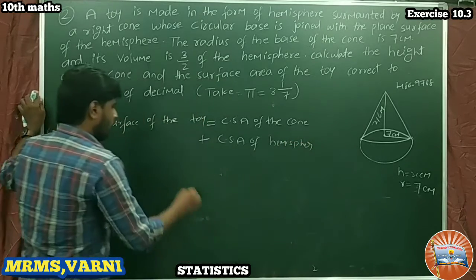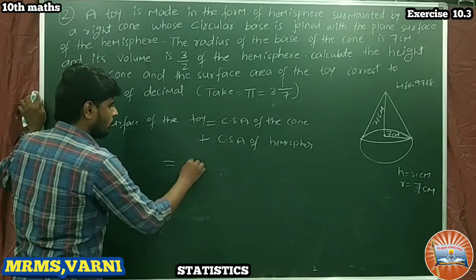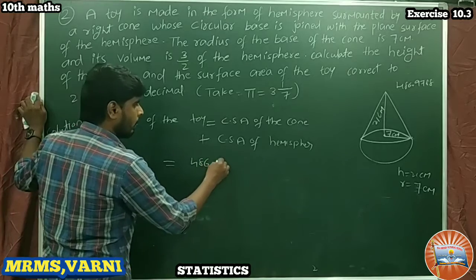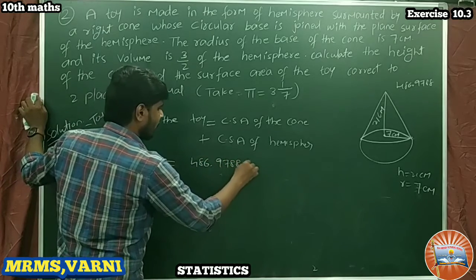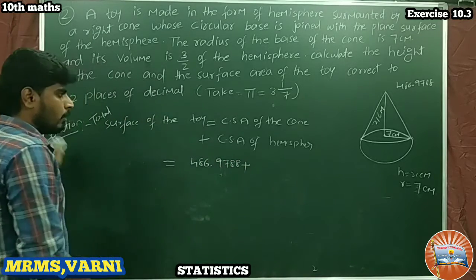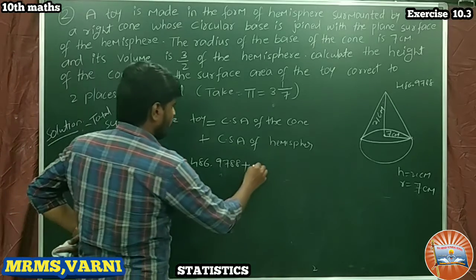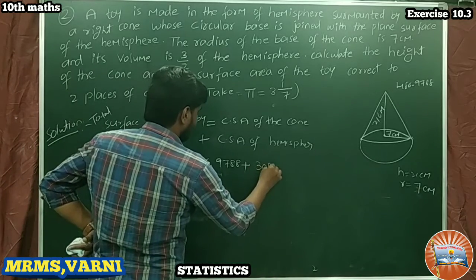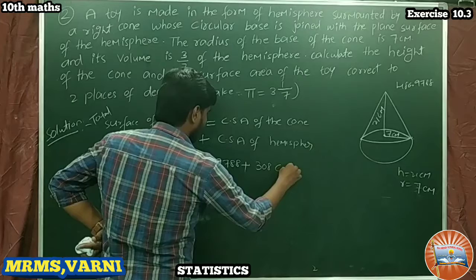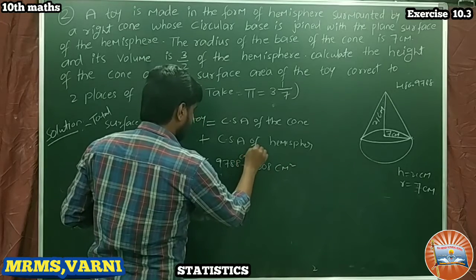What we got for CSA of the cone is 486.9788 plus CSA of the hemisphere, 308 centimeter square. Here also centimeter square.